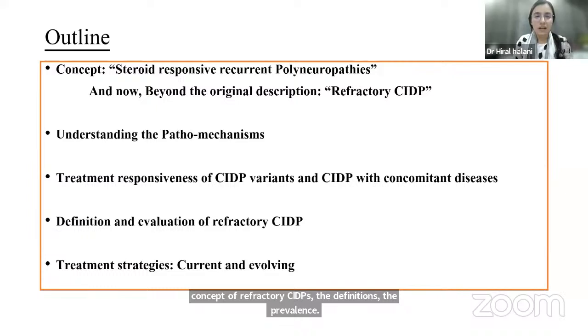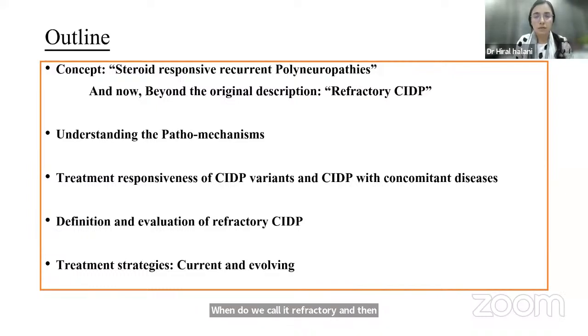Then understanding the pathomechanisms of CIDP, which will define the treatment targets and the management strategies. And some case examples of treatment responsiveness of different CIDP variants and CIDP in the presence of concomitant diseases.